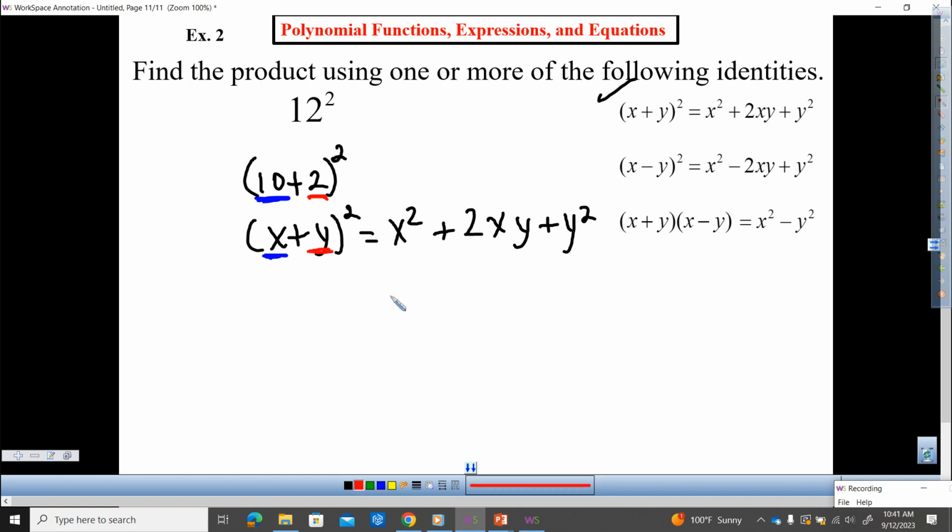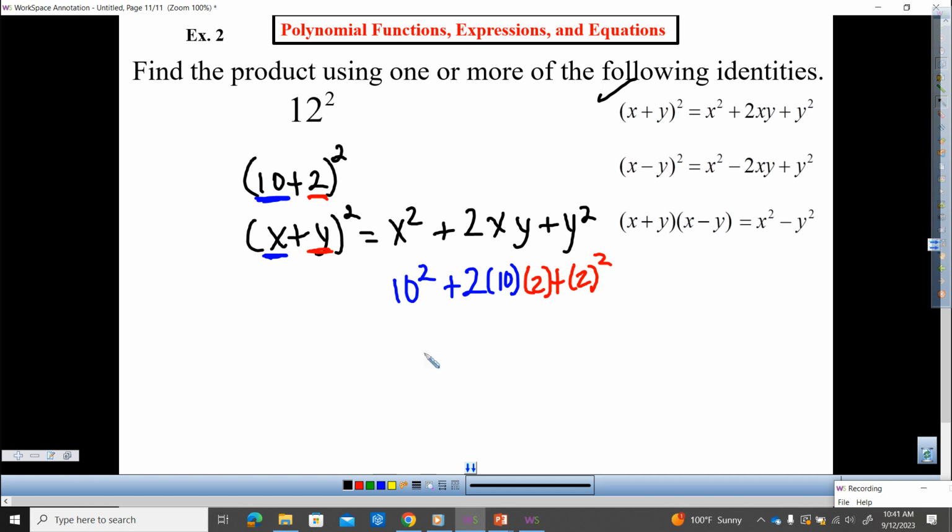So here we go. I'm going to continue right underneath, but with numbers. So instead of x, what do I use, everyone? 10, so I'm going to write 10 squared. Plus 2 times what? What is x? 10. But then times y. What is y? 2. Plus 2 squared, right?